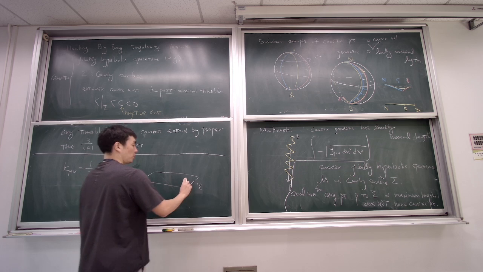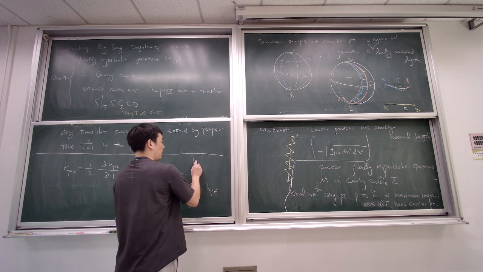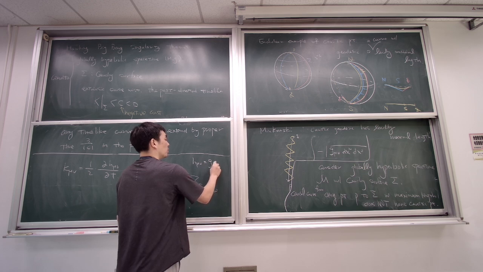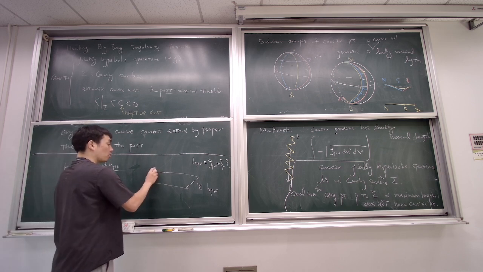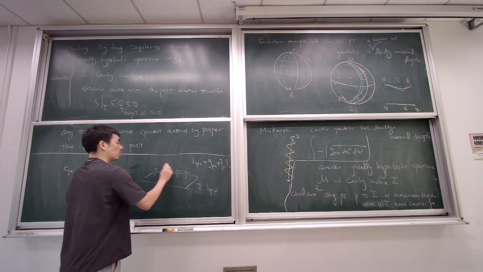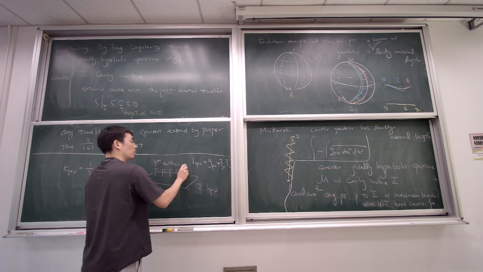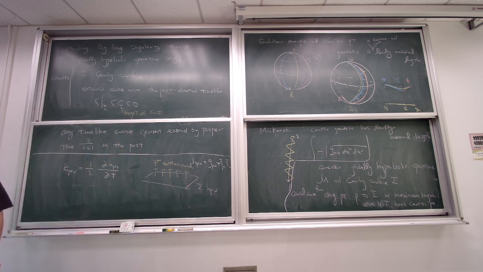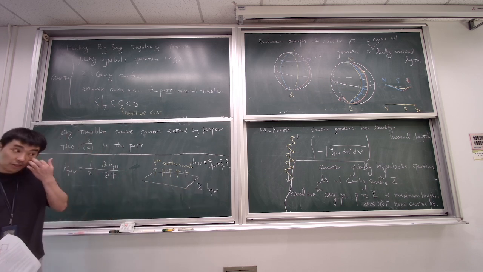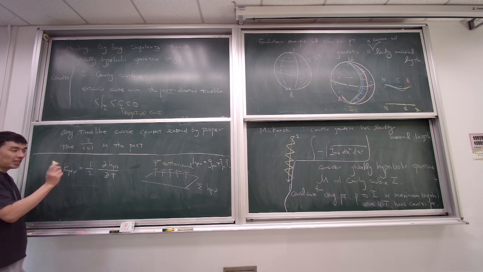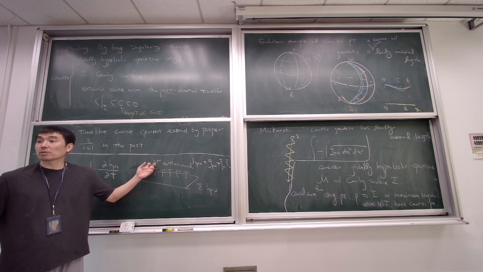And h_{mu nu} is g_{mu nu} plus xi_mu xi_nu, where xi_mu is the orthonormal timelike vector orthonormal to Sigma. This is the induced metric, and T is the proper time of xi_mu.